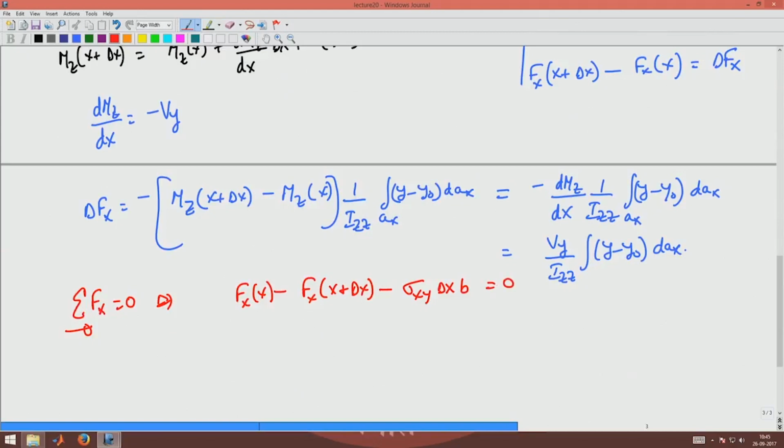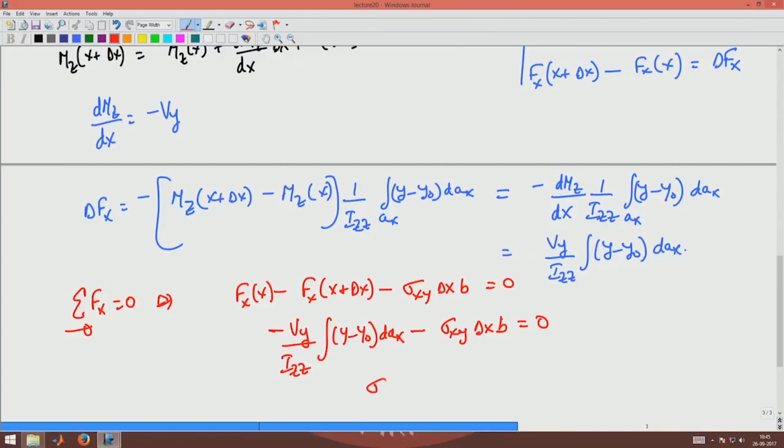From our expression for delta f x, this is nothing but minus Vy by Izz into integral y minus y naught dA x, minus sigma xy delta x b, must be equal to 0.